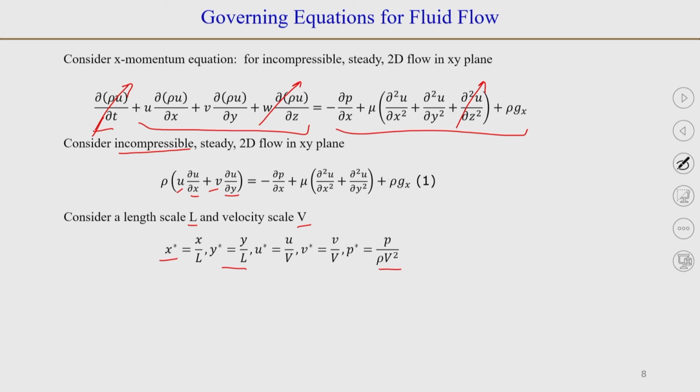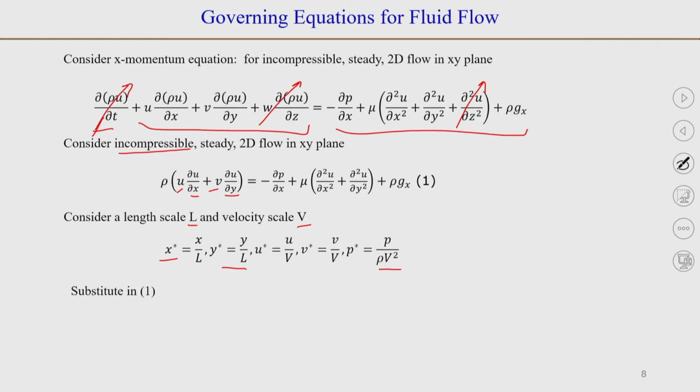Now, what we need to do is substitute these values here. In place of x we will write x*L, in place of y, y*L, and so on, and then collect the scales together.